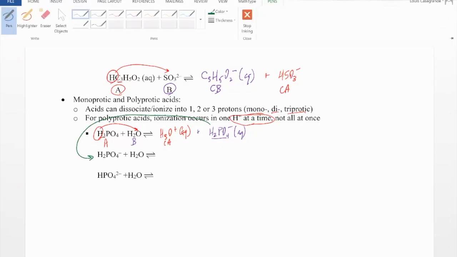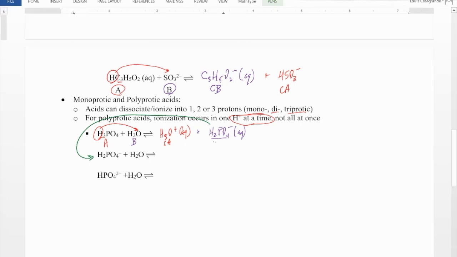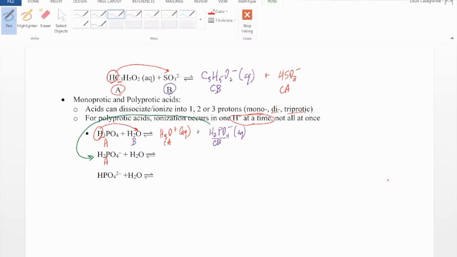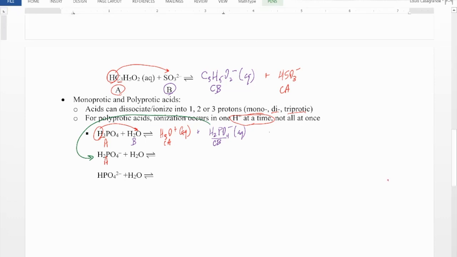Now in the first reaction, it is the conjugate base. In this second reaction, it is the acid. And so the same compound can act as an acid and a base. And I hope you recall, we call that amphoteric.